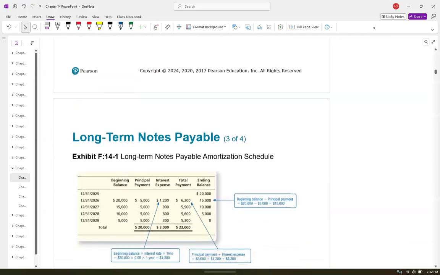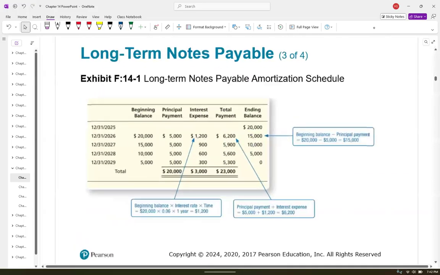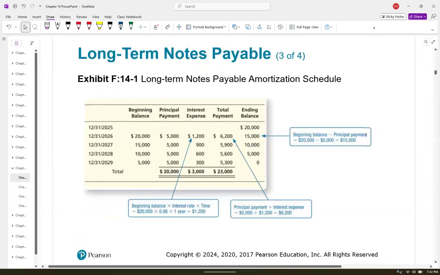So here is the amortization schedule for that note. We have this balance because that note was open on December 31st. They did that to help us out on the interest, so we didn't have to cross a year end. The beginning balance was 20,000. They're going to pay a $5,000 principal payment plus the interest.